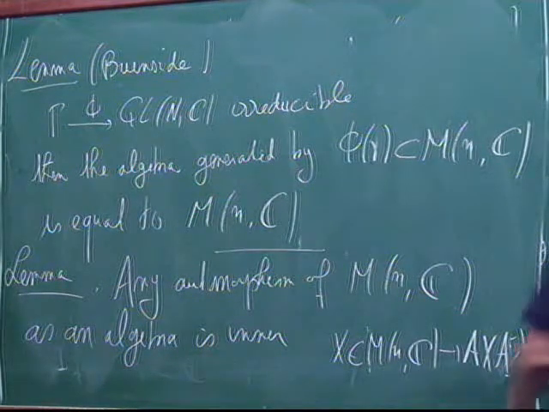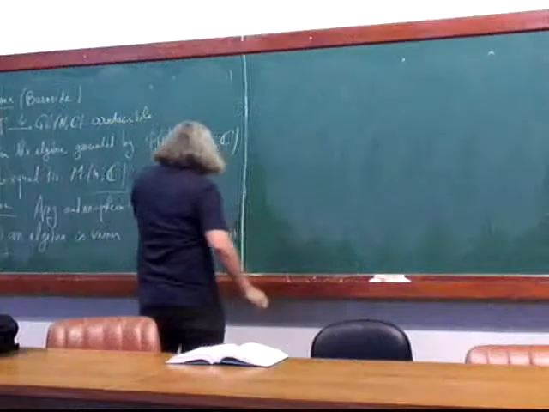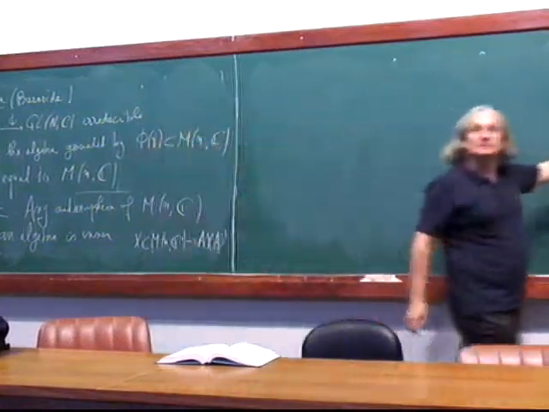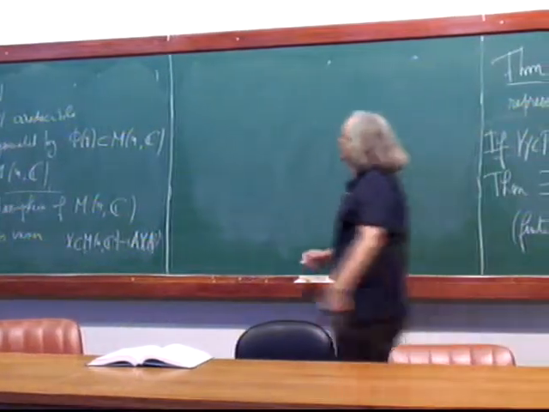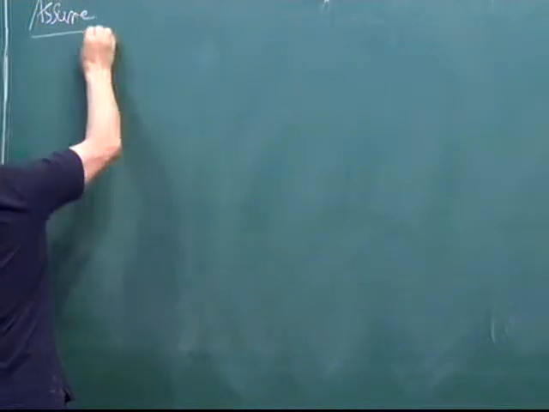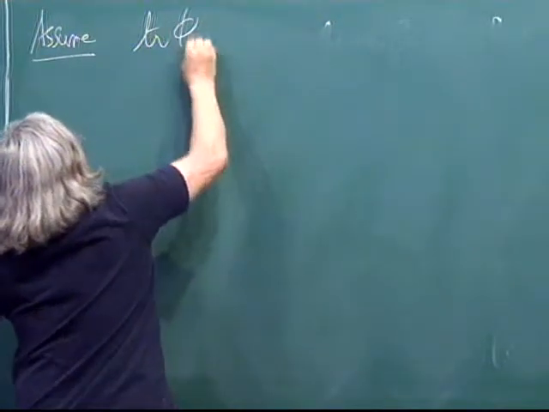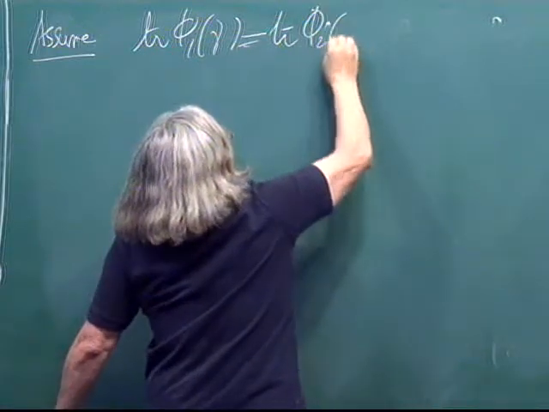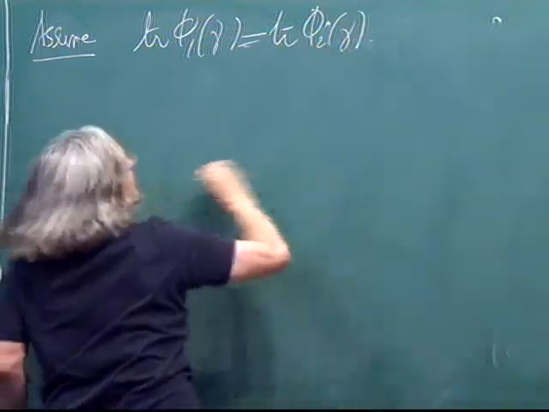The trick is this. Suppose you have two representations, phi 1 and phi 2, with the same traces. So you assume trace of phi 1 of gamma is equal to trace of phi 2 of gamma for any gamma.